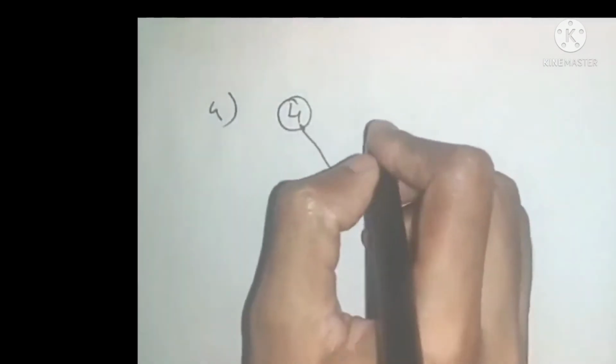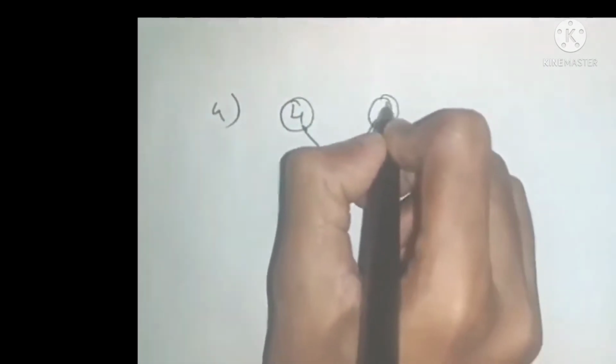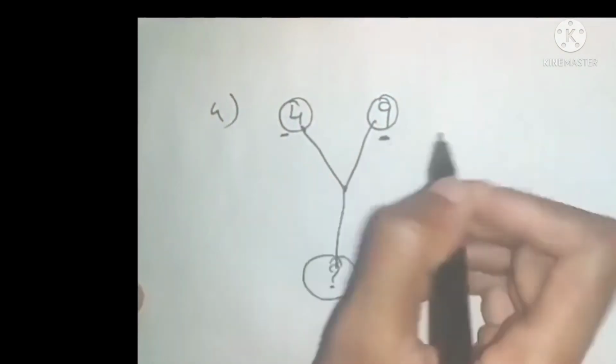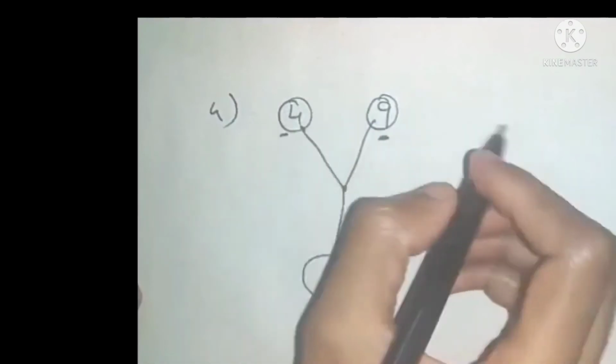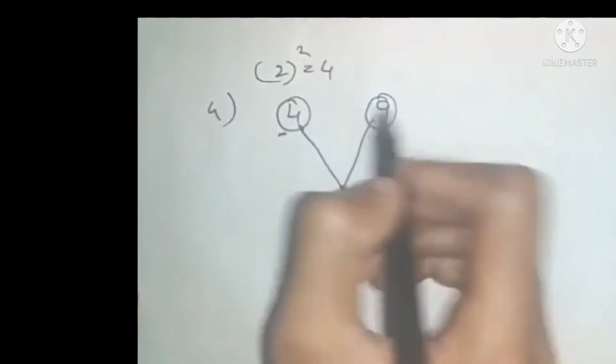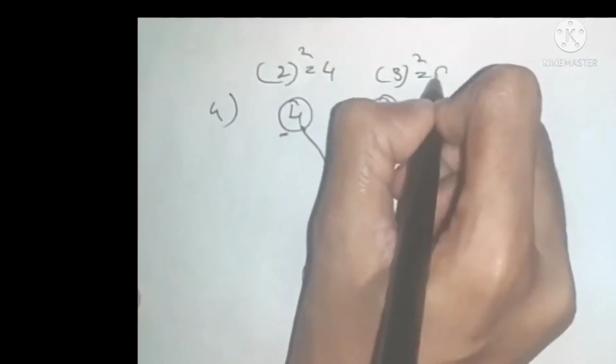So here is your next question, that is the fourth question. There are numbers like 4, 9, and we have to find this number. Now here this is 4 and here it is 9. So just think for a while, that is how we'll get 4, that is 2 square will get 4, and this 9 will get 3 square is equal to 9.